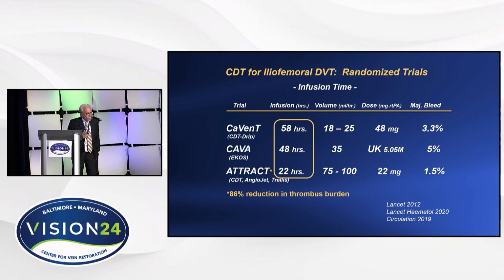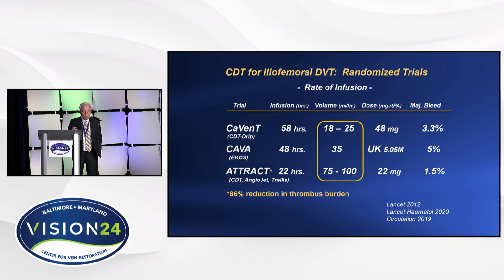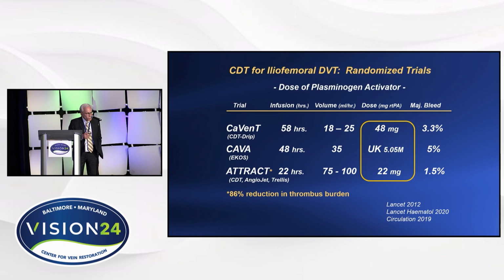Well, you can see that the duration of infusion was significantly shorter in ATTRACT than it was in the other two trials. The volume of infusion of the lytic agent was significantly greater. It was 3 to 4 times that volume in ATTRACT compared to CaVenT and KAVENT. So very low volume infusion in the CaVenT and KAVENT trials, high volume infusion in ATTRACT.